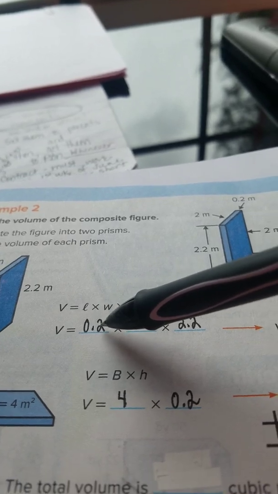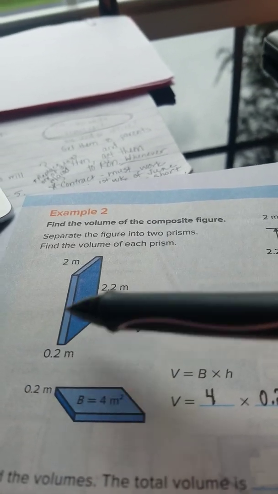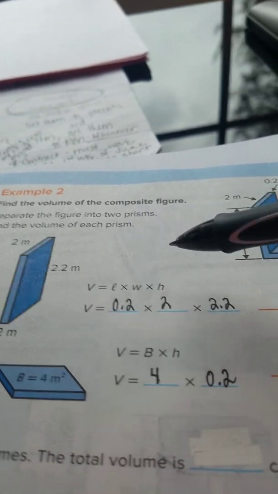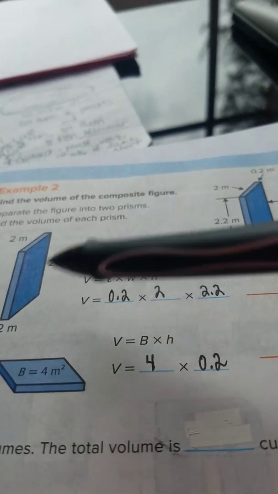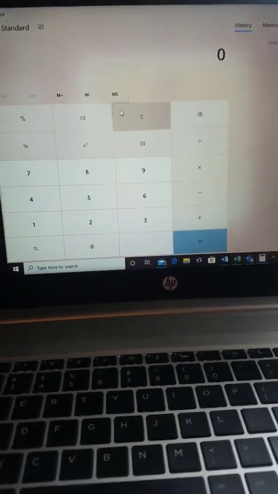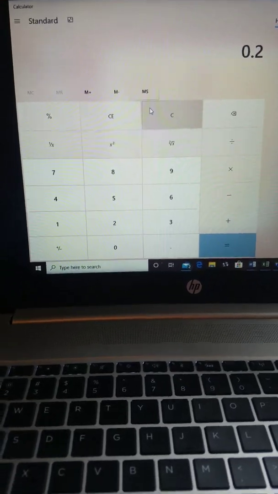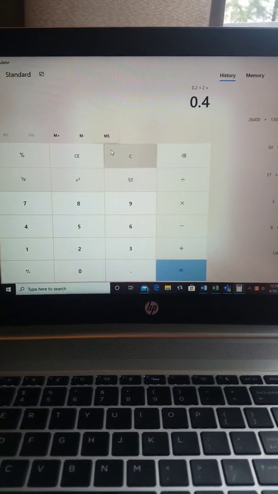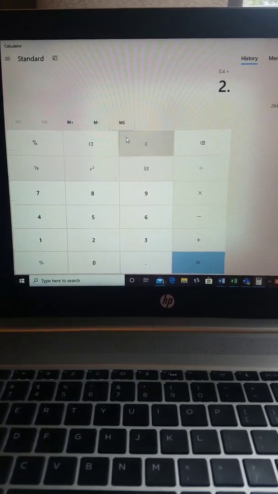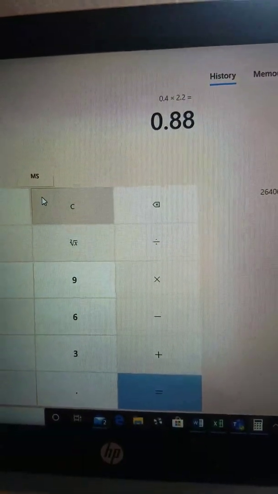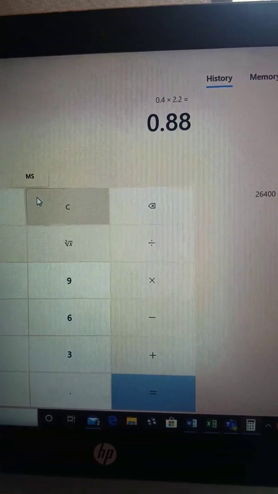So we're going to do 2/10, which is the length, times 2 meters, which is the width, times 2 2/10, which is the height. So over here, I'm going to clear everything out. It was 0.2 times 2 times 2.2. And I get 88 hundredths. 0.88 is how you write that.